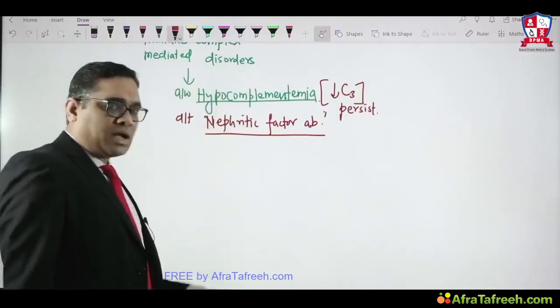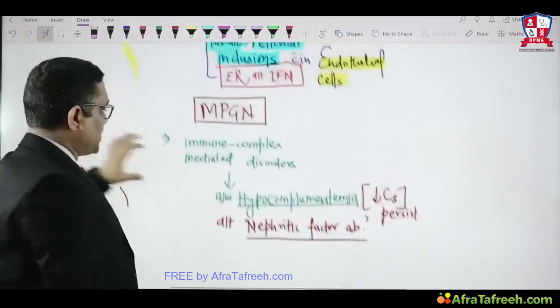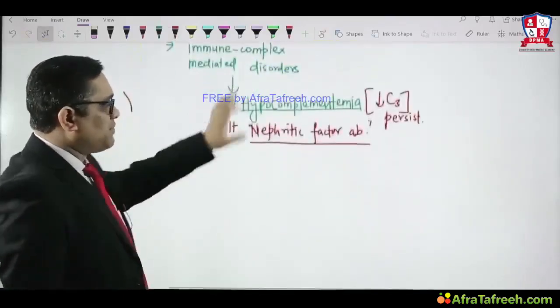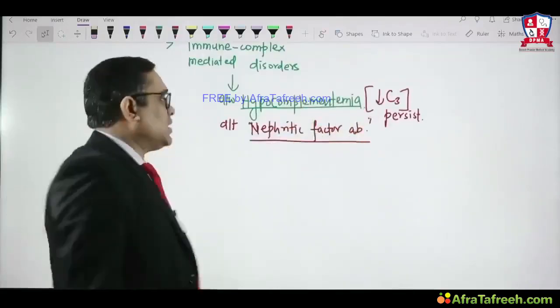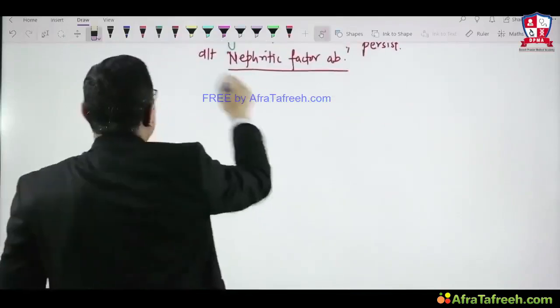So what are MPGN? These are immune complex mediated disorders where you will find persistent hypocomplementemia due to the nephritic factor antibodies. What are the nephritic factor antibodies? There are three types.